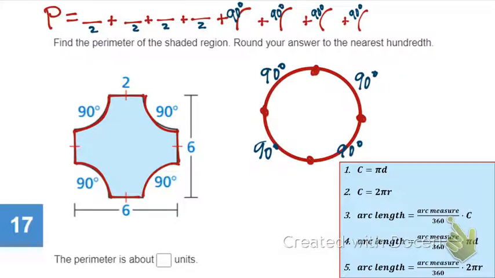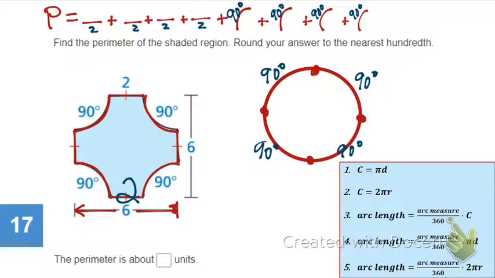So to find the radius or the diameter, here's what we know. If it's 6 all the way across the shape, and this part right here is 2, then 6 minus 2 is 4, so we have 4 left over.